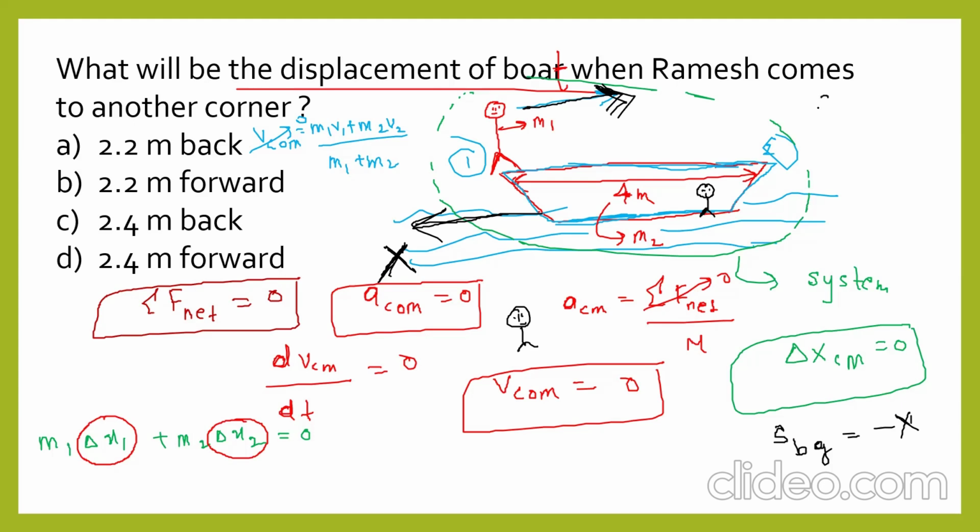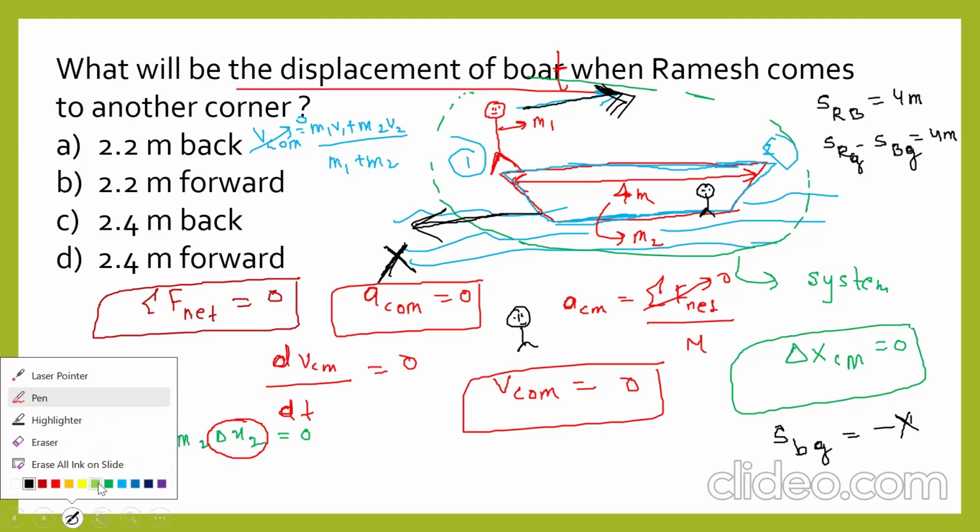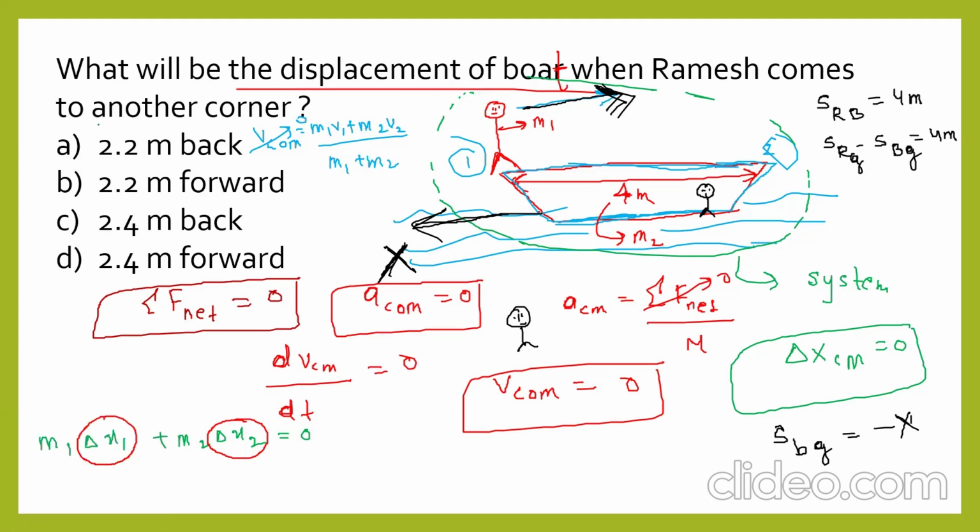So the displacement of this man, Ramesh, with respect to the boat is 4 meter. But if you write the displacement of Ramesh with respect to ground, it will be what? Can we write like this? You know this concept? I will revise. Velocity of man with respect to trolley is Vm minus Vt.